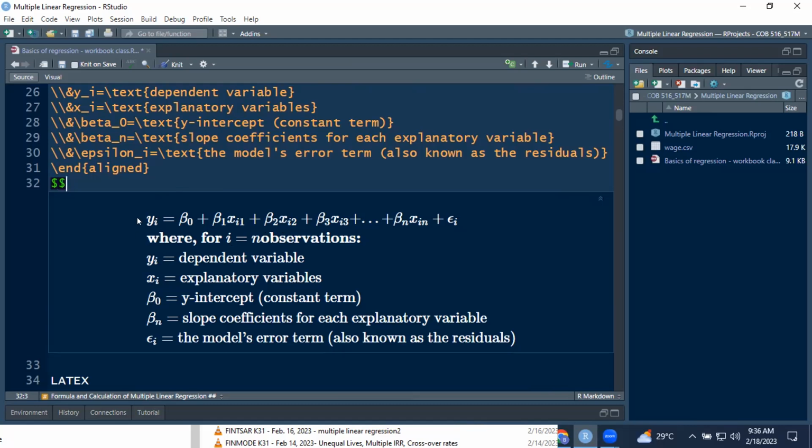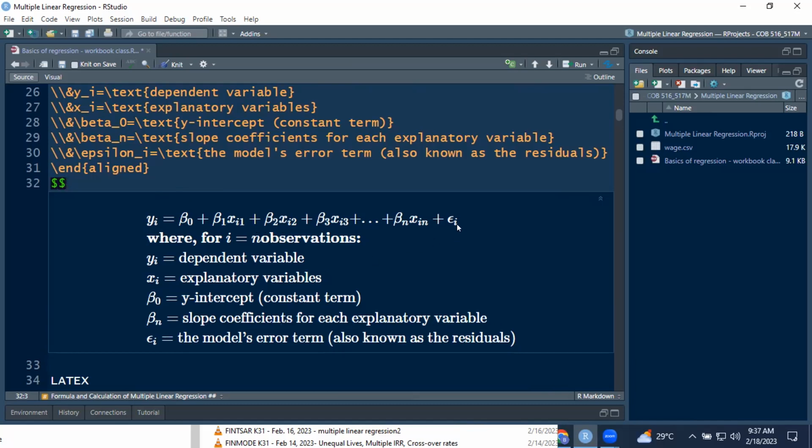Okay? As I said, y sub i is your dependent variable. The x's are our explanatory variables. Beta null, you notice beta null does not have an x here. It is your y-intercept. It's your constant term. And as I mentioned a while ago, beta n are the slope coefficients for each explanatory variable.